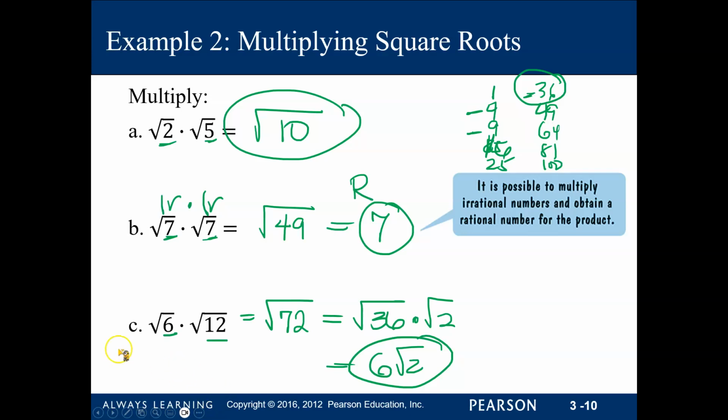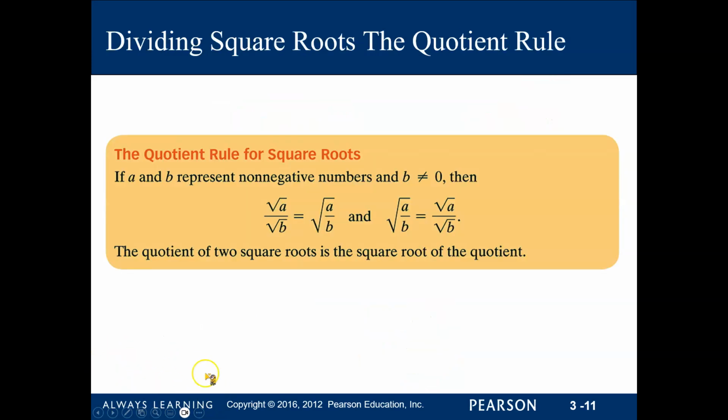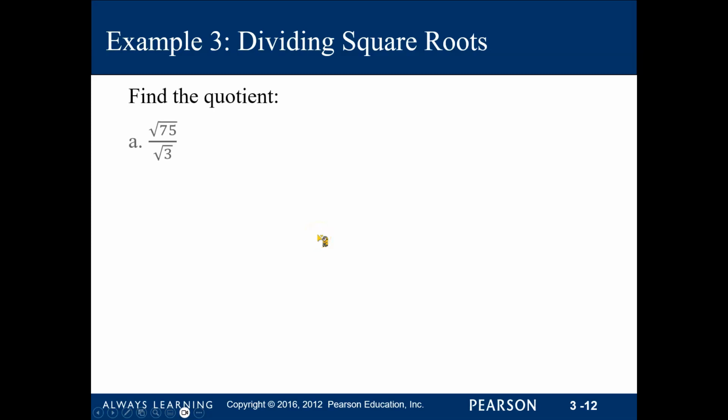All right. Now, let's move on with the quotient rule. So same scenario with the product. If you are dividing two square roots, and you can get the quotient of the numerical values inside, then you can simply use that as well. Okay? So for example, here, square root of 75 divided by the square root of 3.